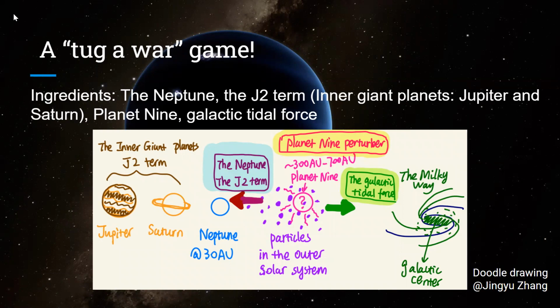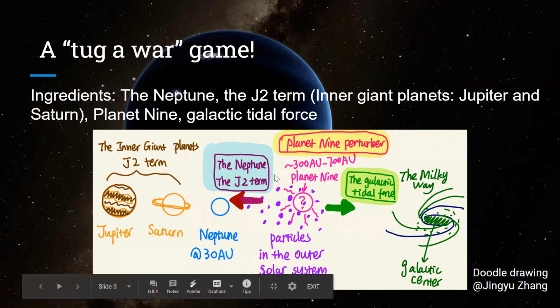There are some simulated particles in the outer solar system that experience the force from all ingredients: Neptune, which is 30 AU away from the sun; the J2 term, the inner giant planets Jupiter and Saturn; the hypothetical Planet 9 perturber at around 300 to 700 AU; and lastly, the galactic tidal force.